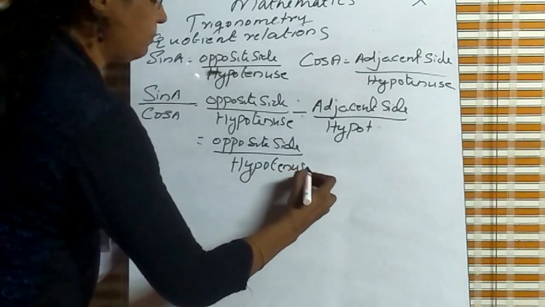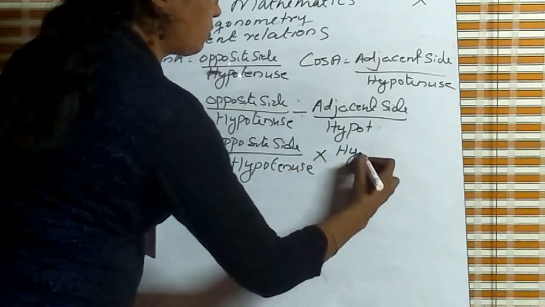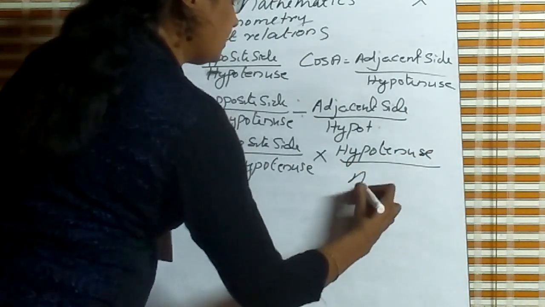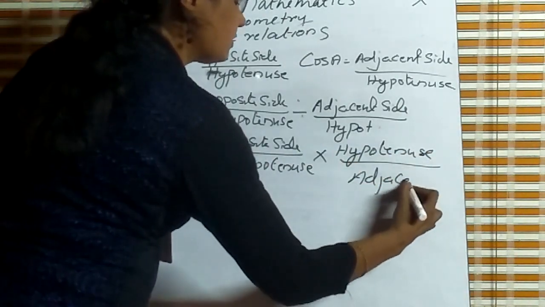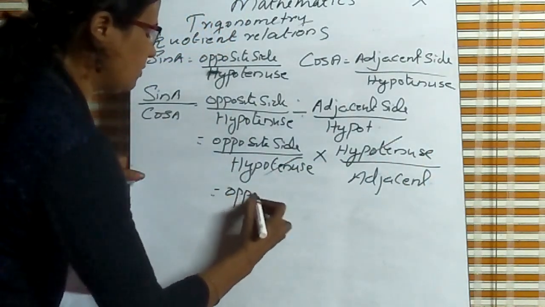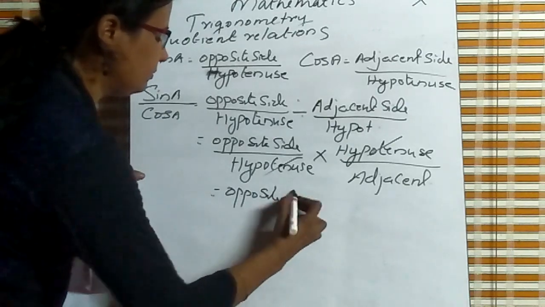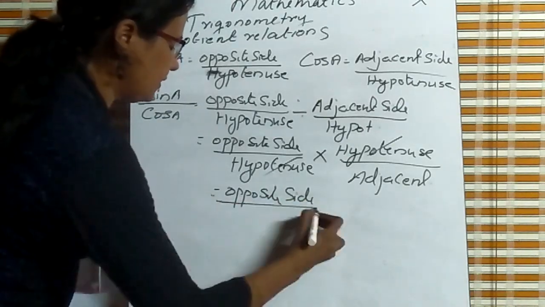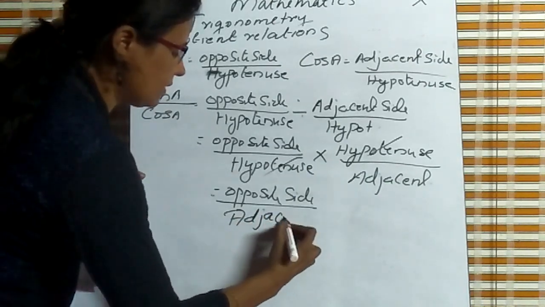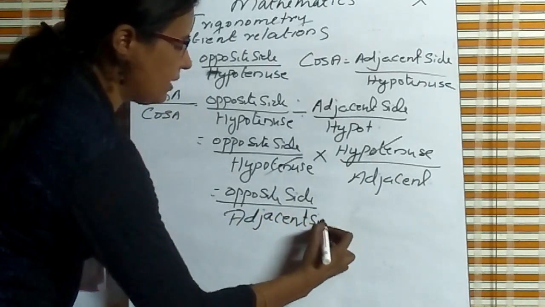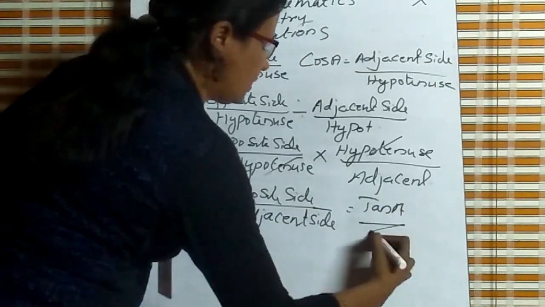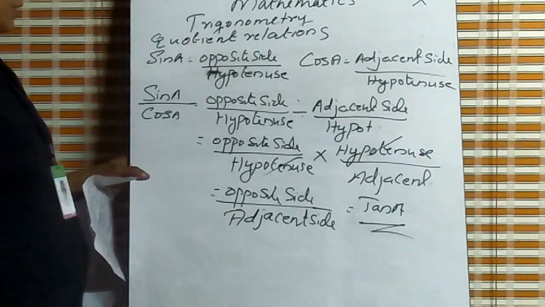Division means multiplication by taking the reciprocal, into hypotenuse by adjacent. Hypotenuse cancelled. Opposite side by adjacent side. What is opposite side by adjacent side? It is tan A.